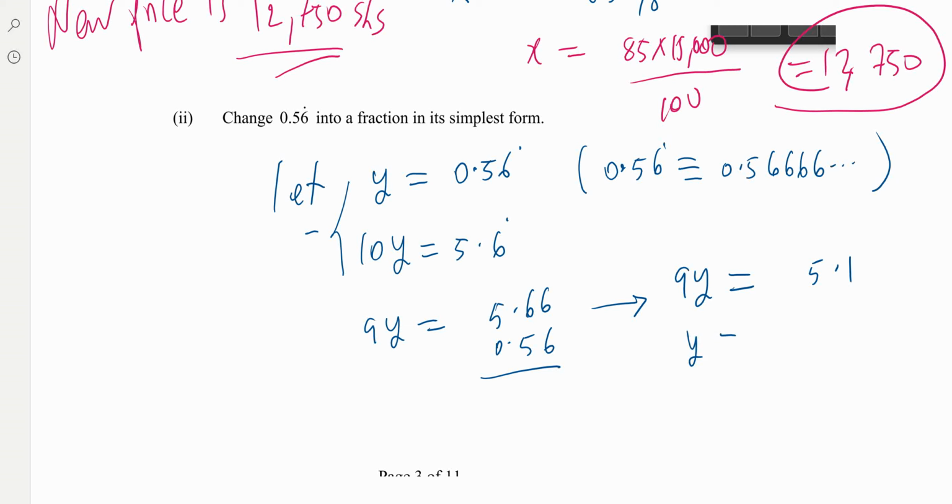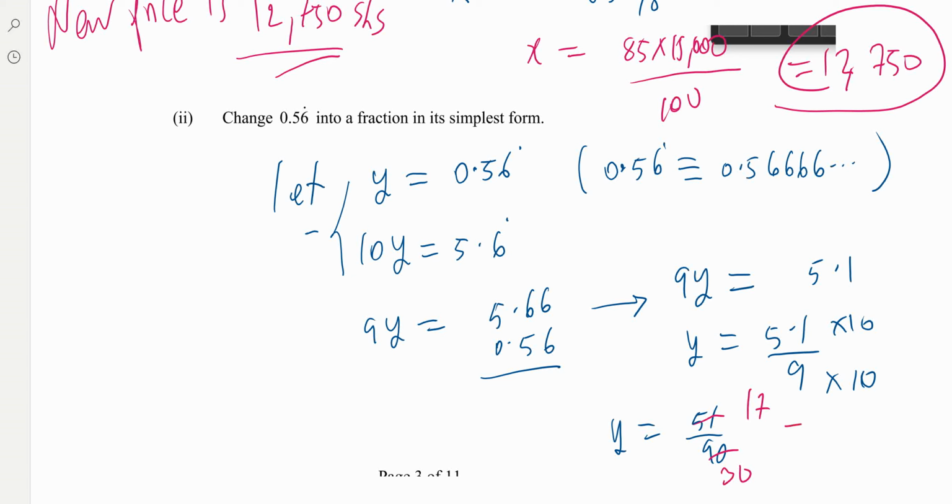So y will be 5.1 over 9 multiplied by 10 in both parts. Doing that, we'll have y equal to 51 over 90, divide by 3, 17 over 30.